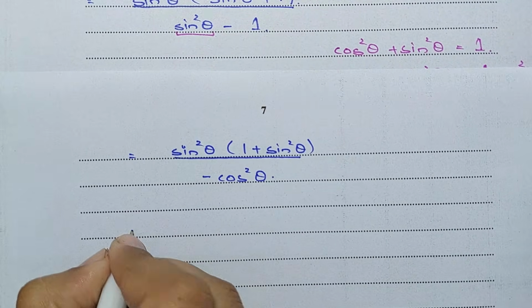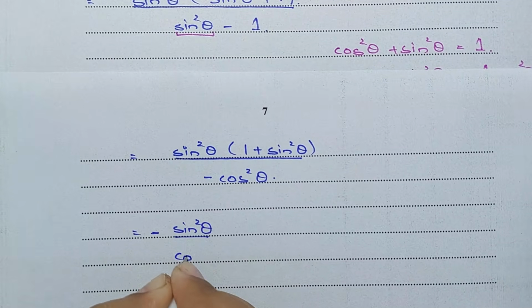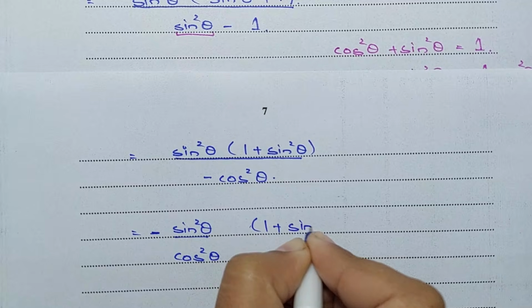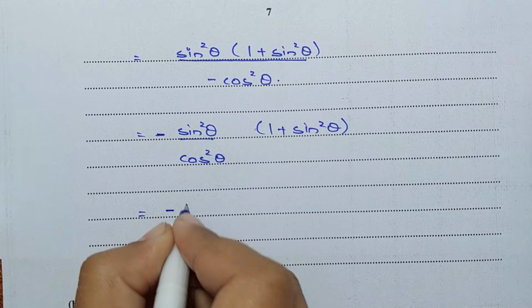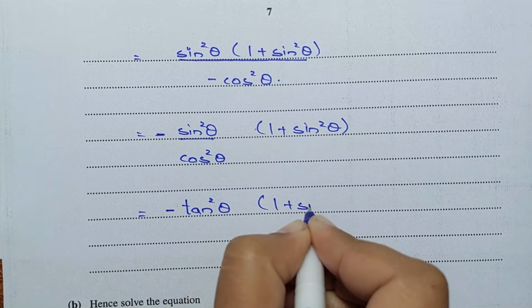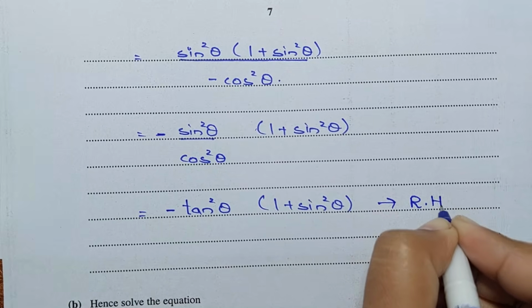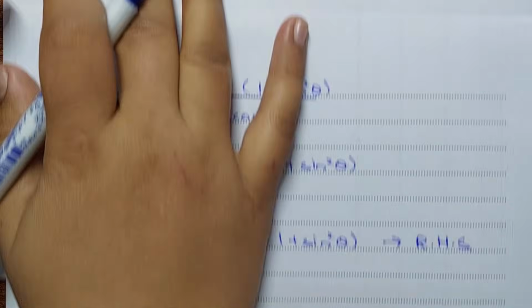We can write this as sine square theta over cos square theta, the negative sign is over here, into 1 plus sine square theta. Sine over cos is the ratio for tangent, so minus tangent square theta into 1 plus sine square theta. This is exactly the same as your right hand side.